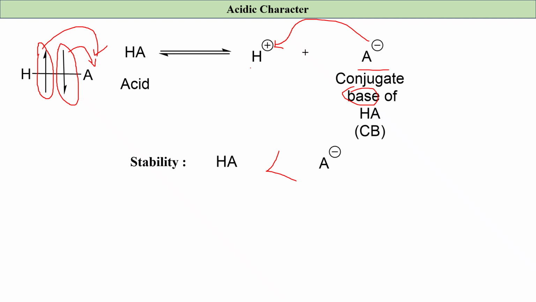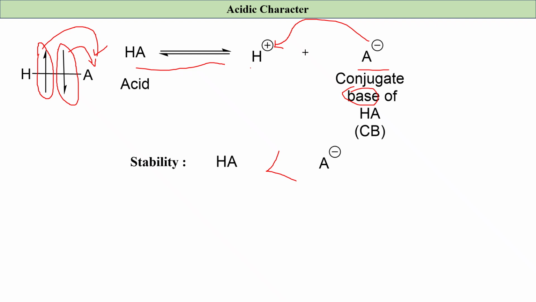So if A minus is more stable than HA, then in this equilibrium HA will also try to become A minus. And how will it become A minus? When it releases H plus. When these two electrons go to A, it becomes A minus.